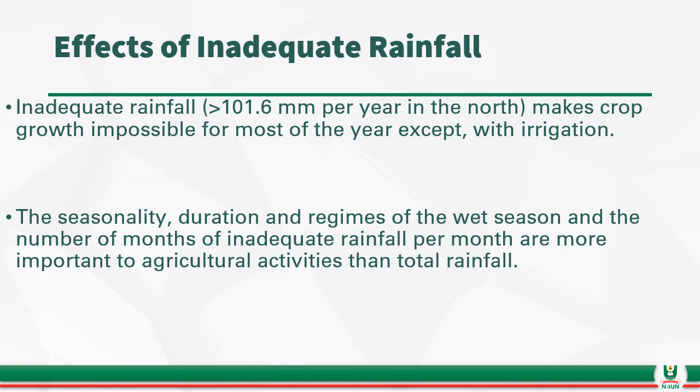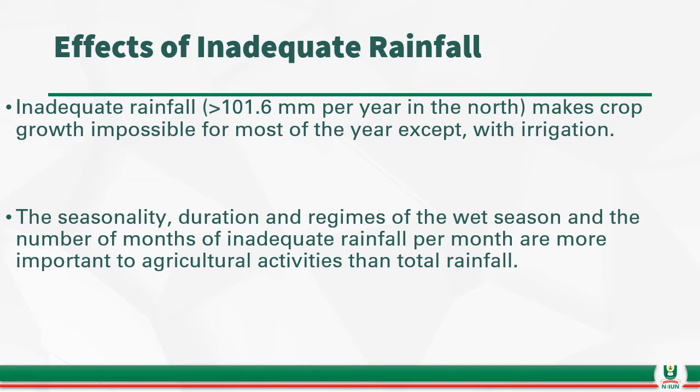So the seasonality, duration and regime of the wet season is usually different. In the south we have almost 7 months of rainfall here in Nigeria, but in the north, some places you have 3 months of rainfall, some 4 months, and this year it is even very, very bad because the rain did not start on time, so we are just hoping that everything is going to be okay very soon.